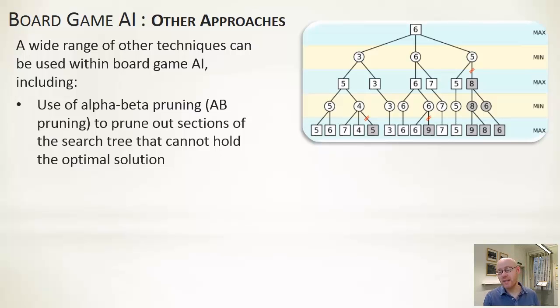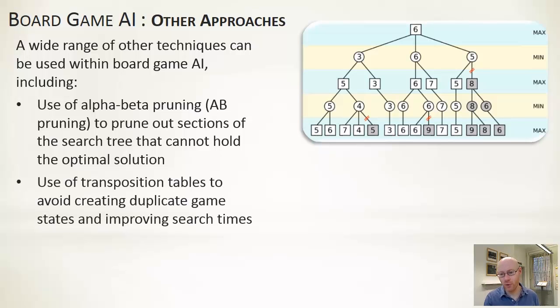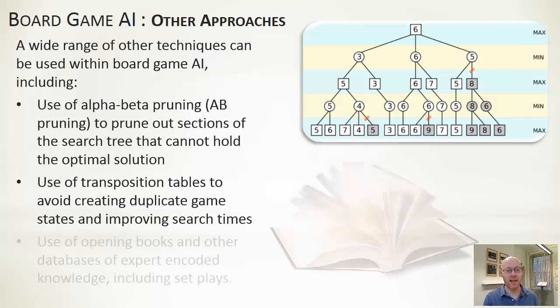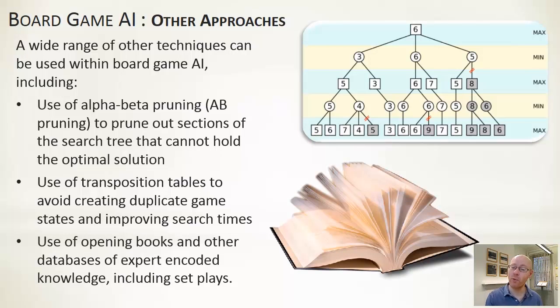You can also use things like transposition tables, which are again ways of speeding up the recursive element. Or you can use opening books, other standard ways of encoding expert knowledge, improving your choice of moves at any particular point. A lot of things you can potentially put in here to help speed up the process.